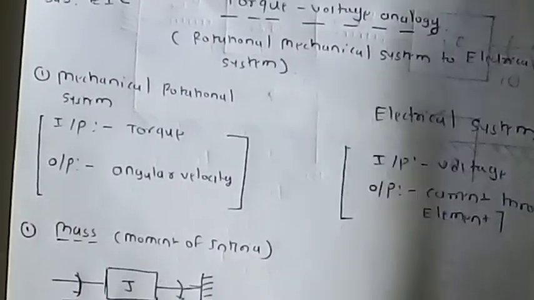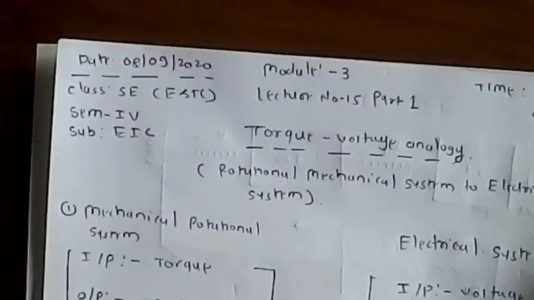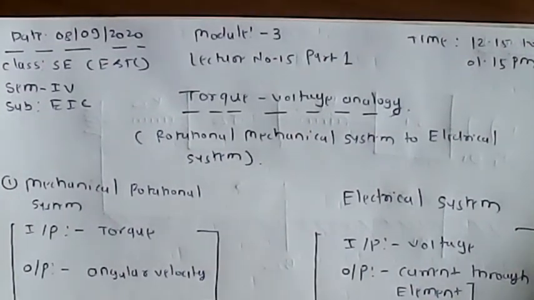So this is the torque voltage analogy, which is very similar to the force voltage analogy in a translation mechanical system. Whenever we convert, there are some basic rules to be known on how to draw any translation or rotational mechanical system, basically a rotational mechanical system, into an electrical system.